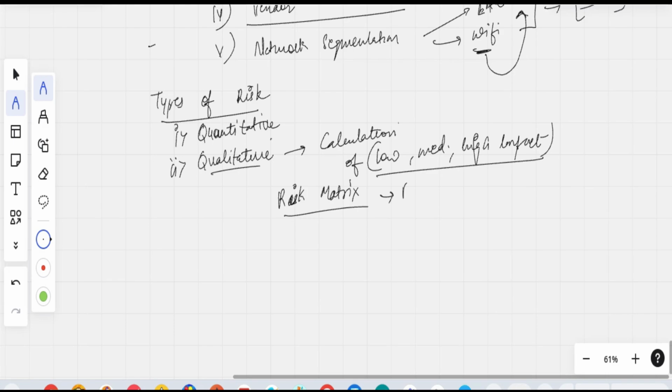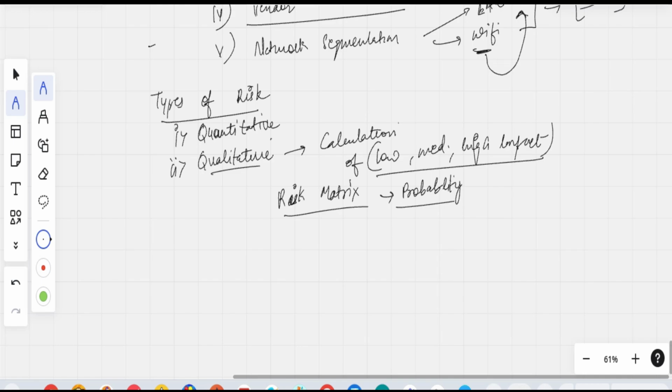Simply put, the risk matrix looks at probability: what are the chances of this particular vulnerability being attacked or expected to occur in the organization, how likely it is to happen. So all this qualitative discussion comes under the risk matrix. This is how the calculation of low, medium and high impact works.